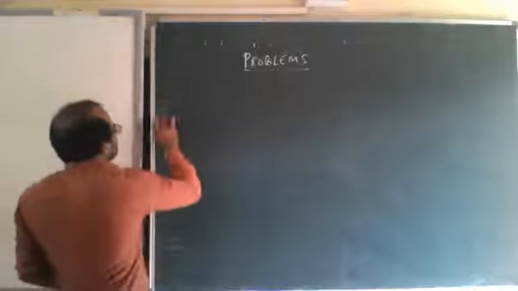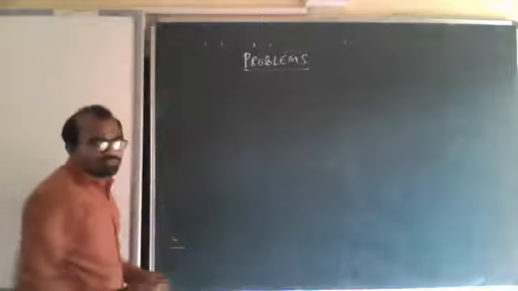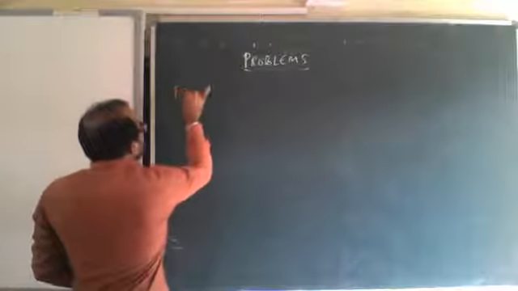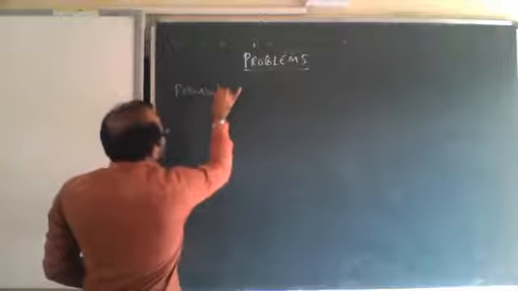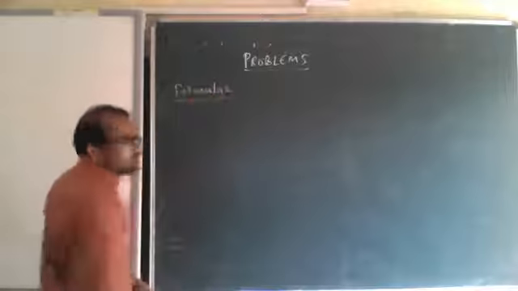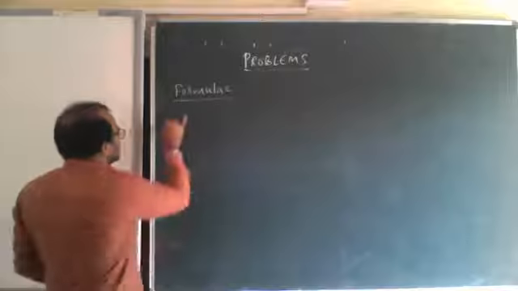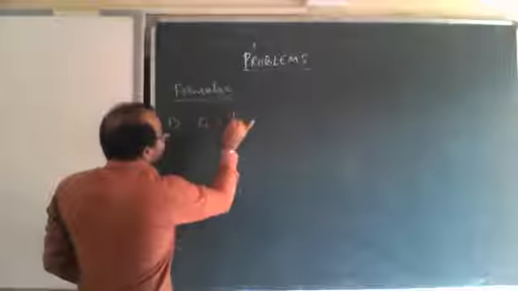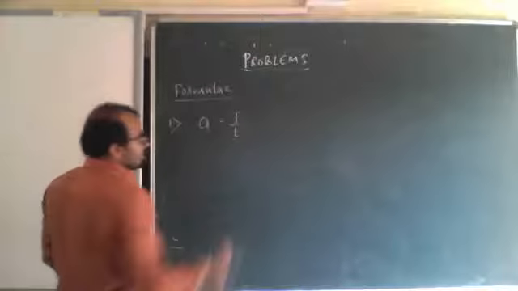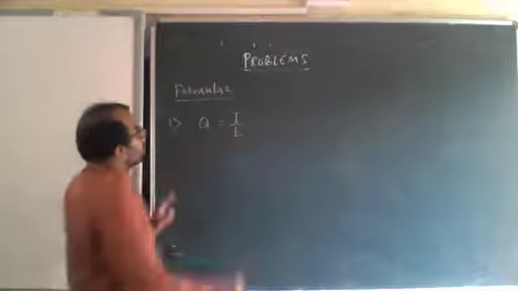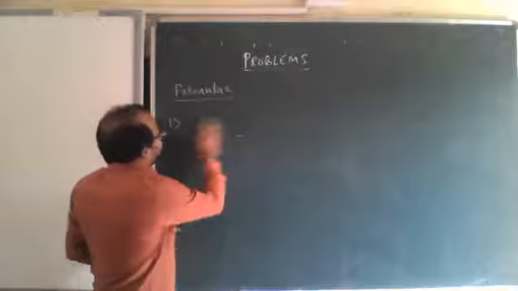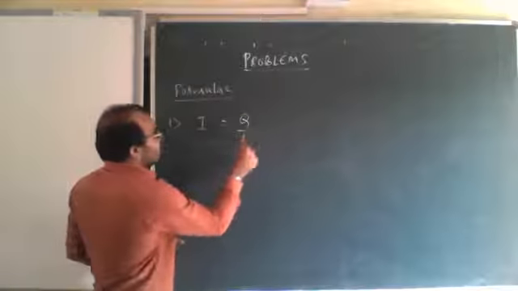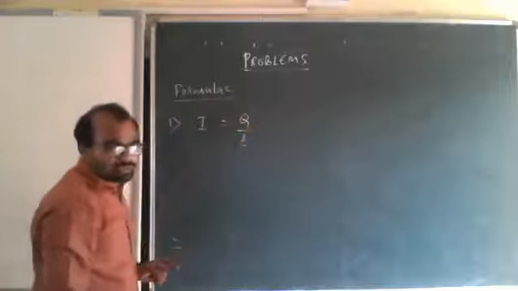For the problems, we have 3 formulas up to Ohm's law. We learned about the formulae. What are those 3 formulae? You should be perfect on these. First one we learned: I is equal to Q by T. So we can write Q is equal to I T also.